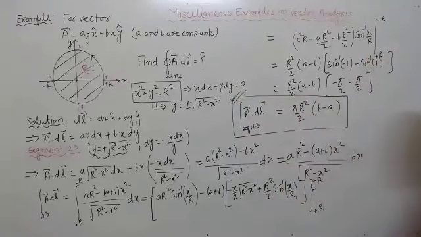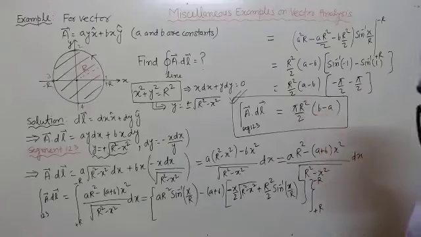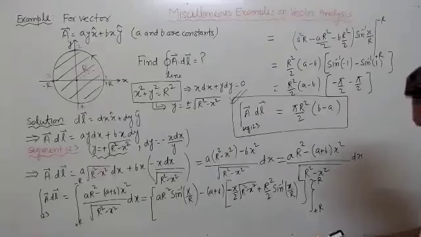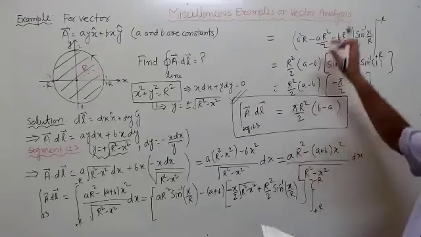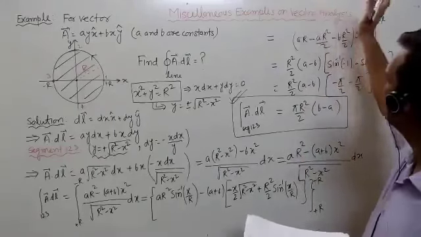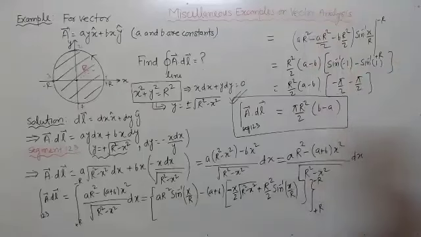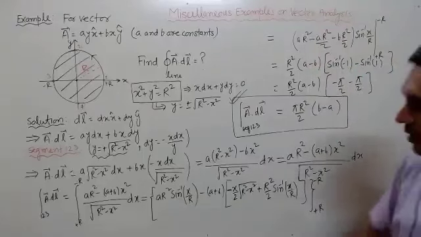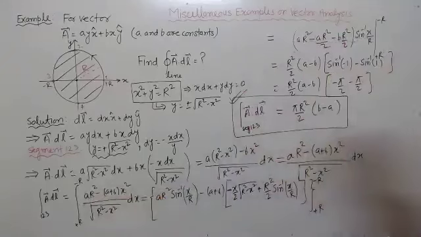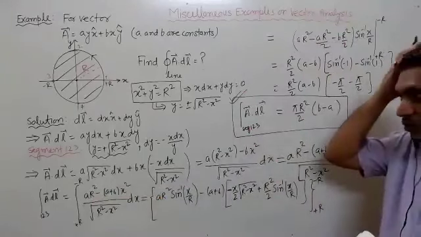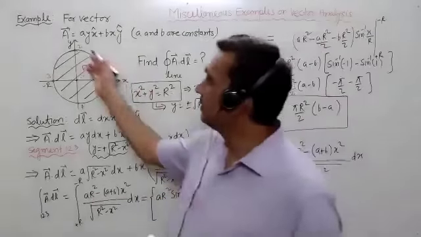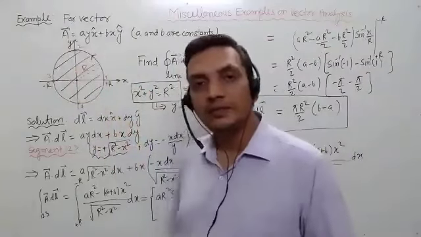Yes, the first line above, it should be a r square, not a square r. This is a r square, because the term is a r square. Okay? So now you can see this integral is for segment 1, 2, 3.